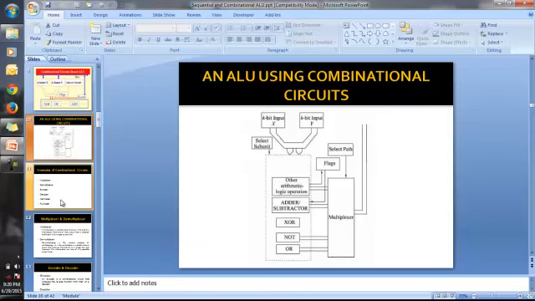So when there is a possibility or requirement to perform all the operations or multiple operations, all the outputs will be multiplexed and a single output will be given as the output from the multiplexer. That is taken through the data bus.